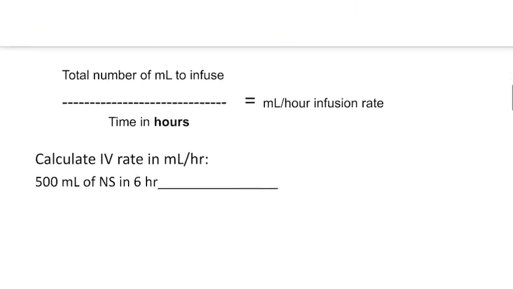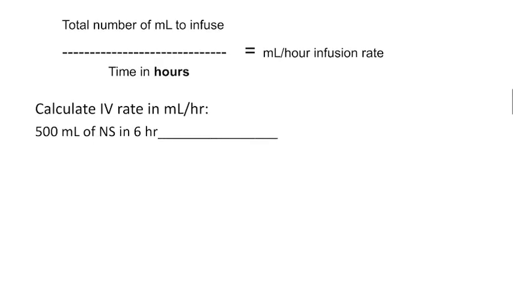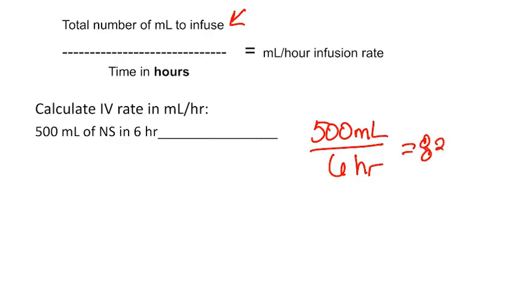Okay, let's try another one. This one is 500 milliliters in 6 hours. So my total number of milliliters to infuse is 500 and my total time in hours is 6 hours. So I calculate that out, 500 divided by 6, and that equals 83.333.